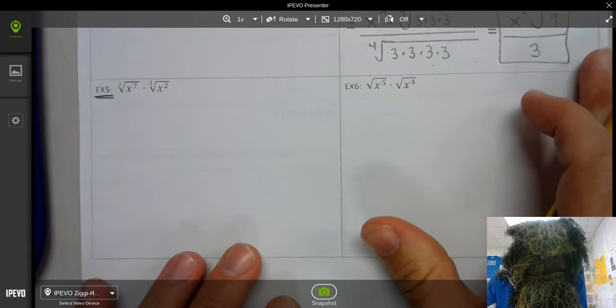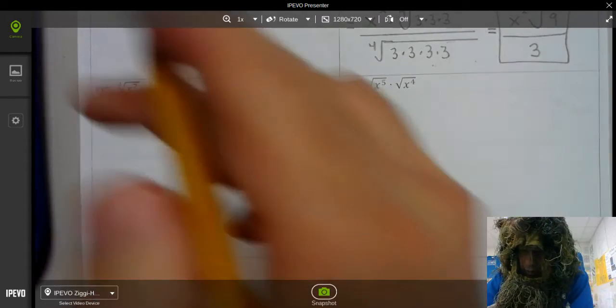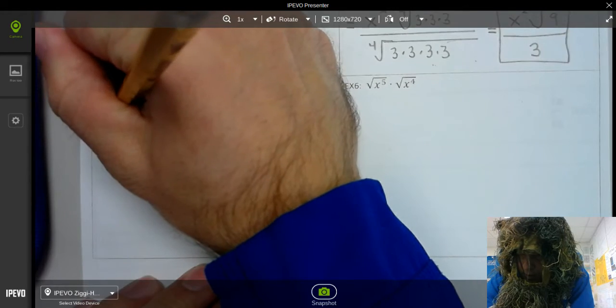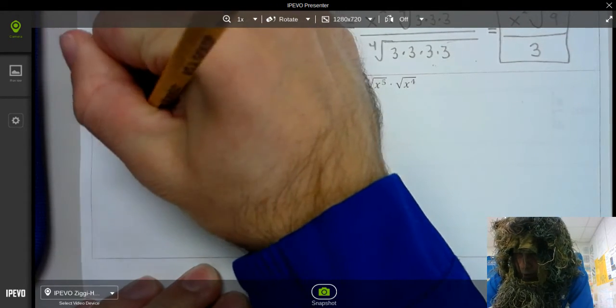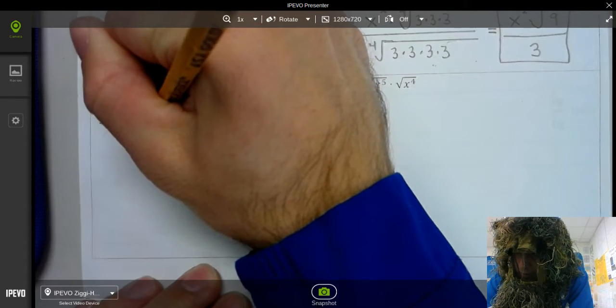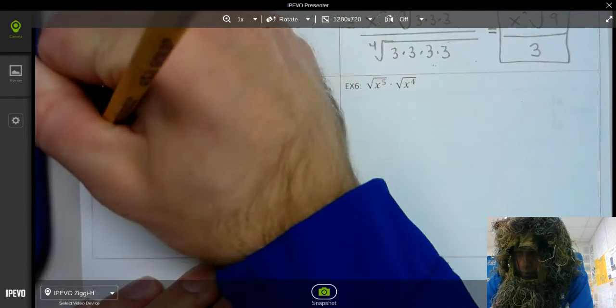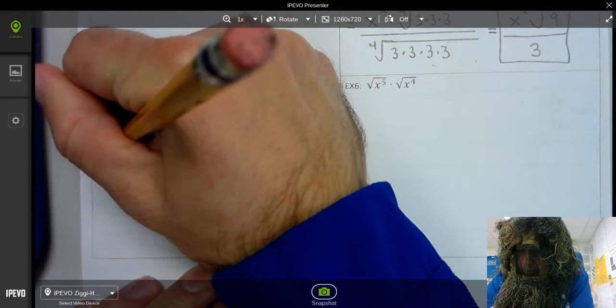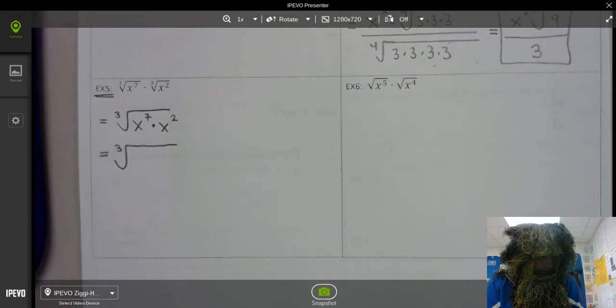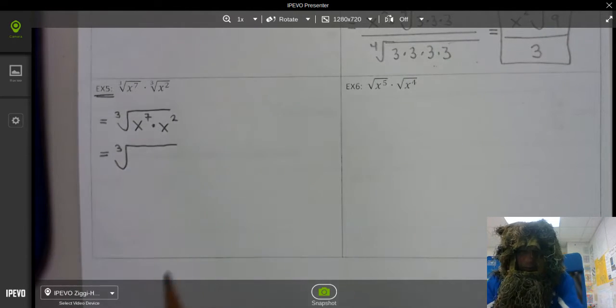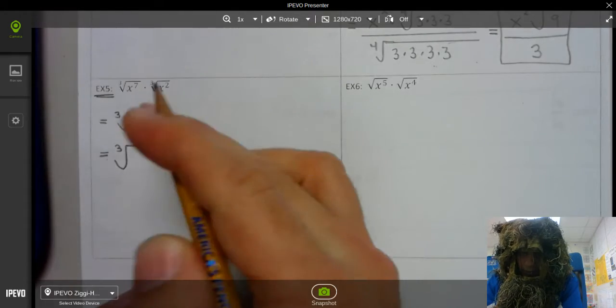All right. So we're using the product property of roots to rewrite this as the cube root of x to the 7th times x squared. Now we're going to use the exponent rule, the product of powers property, that says when you multiply these, you add the exponents.